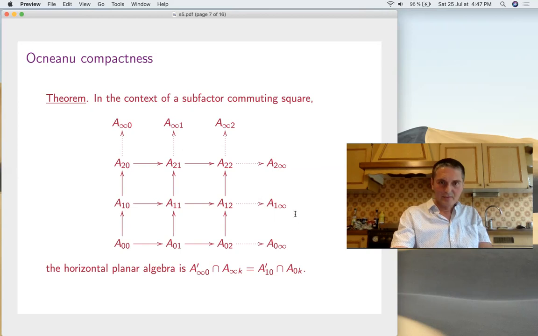It's enough to do the constructions here, just that. So this is the commutant of A10 in A02, everything taken inside A12. So it's a linear algebra problem, and it's the same for any k. In order to compute the planar algebra of this subfactor, it's enough to take the commutant of this guy inside what you obtain here by basic construction. It's not very simple, but it's a linear algebra question, that's all.